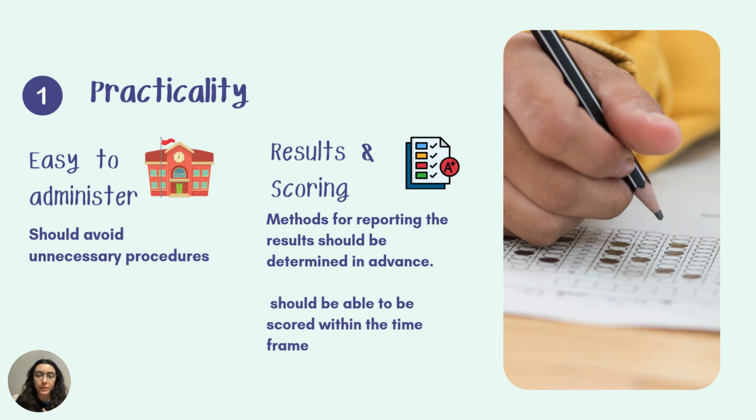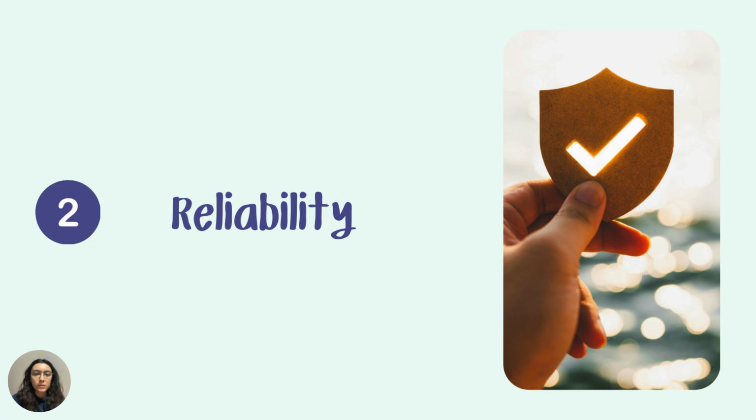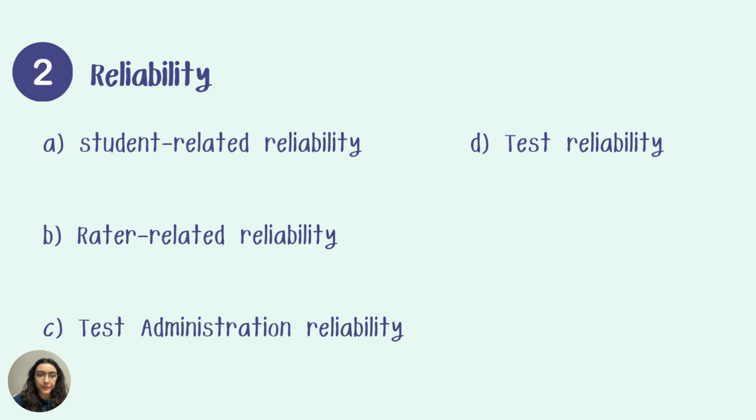For example, in our university, we know that once our teachers read the exams, we can check it from the system. So something like that is necessary for every exam. That's a practicality issue. So the second thing is reliability.